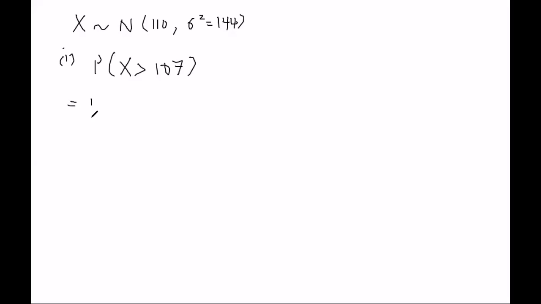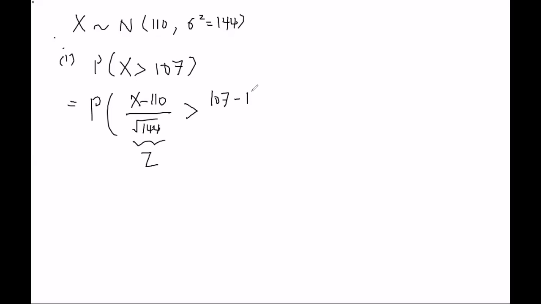So this one, the first thing is you normalize it. You normalize by subtracting the mean. The mean is 110, you subtract 110, and you divide by the standard deviation, square root of 144, okay? So this will be your Z random variable. Always you subtract the population mean and divide by the population standard deviation.